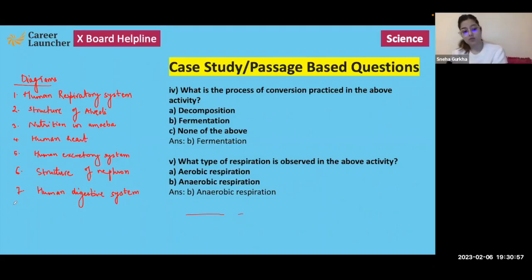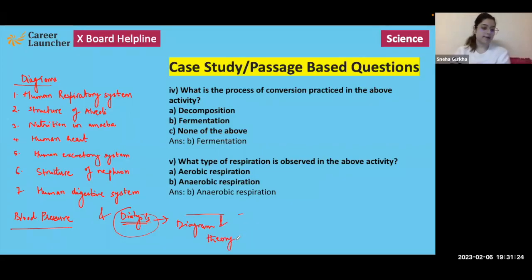There are two separate paragraphs about blood pressure. They are given in a box format, and dialysis, that has to be covered along with the diagram and theory for dialysis, right?